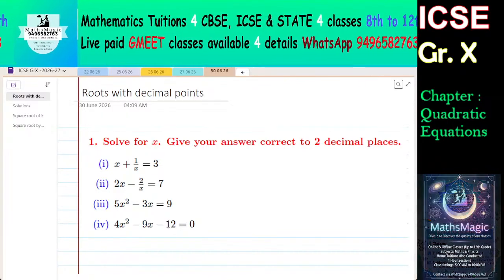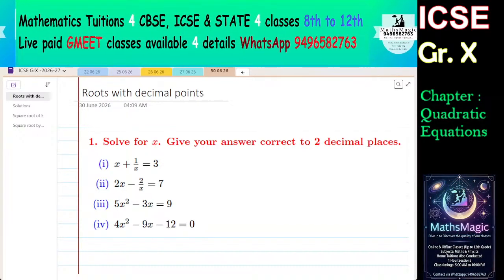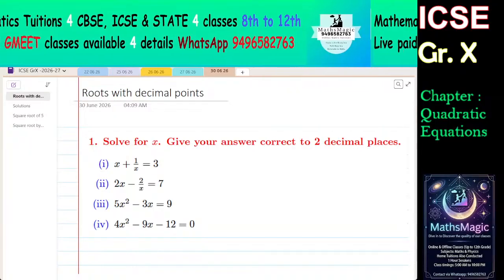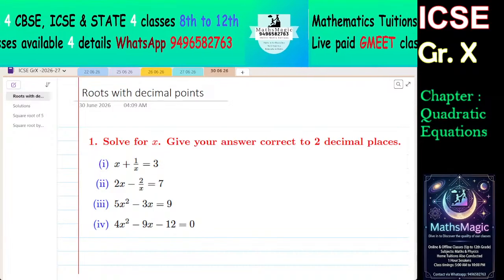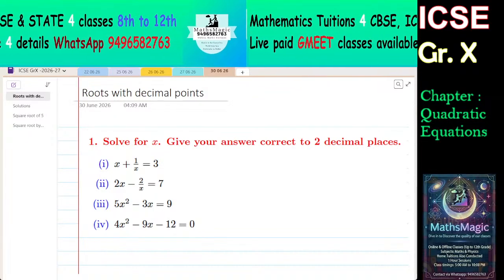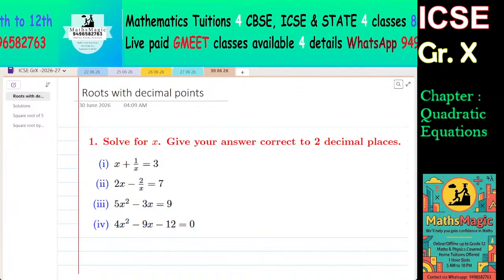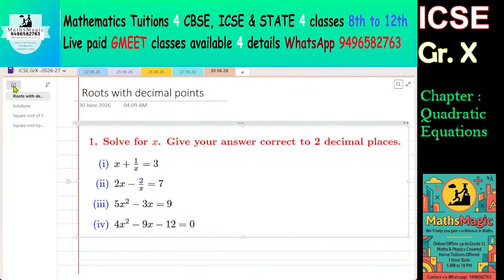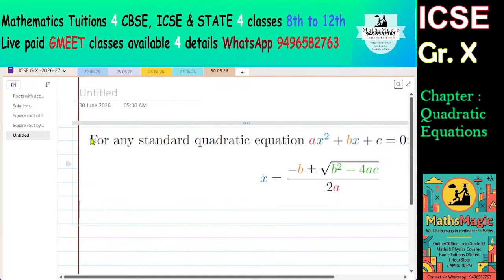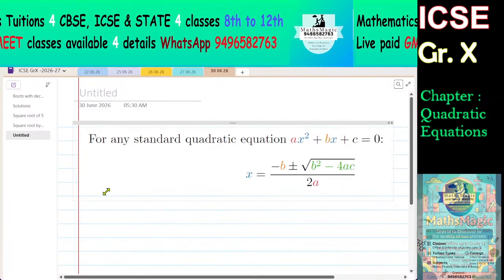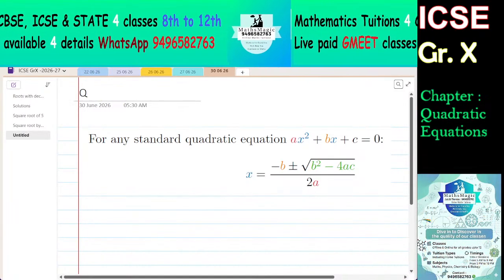If you have written it properly, I'll just paste that on our whiteboard. I have used different color schemes so that we'll get a better idea. This is the quadratic formula.